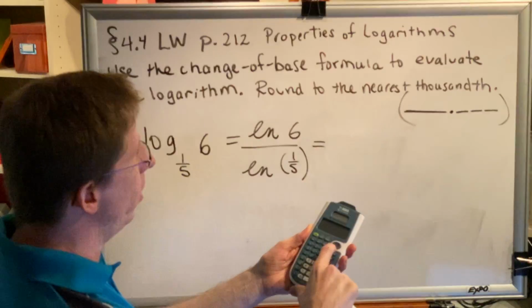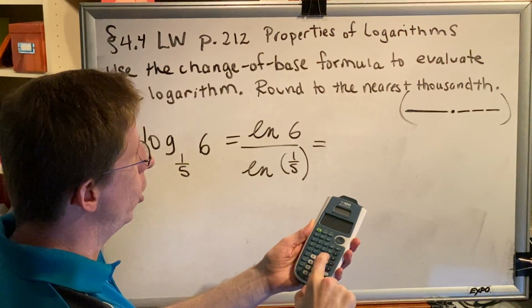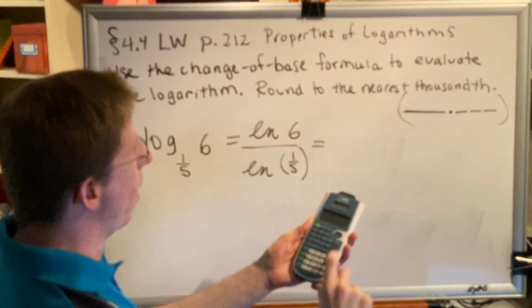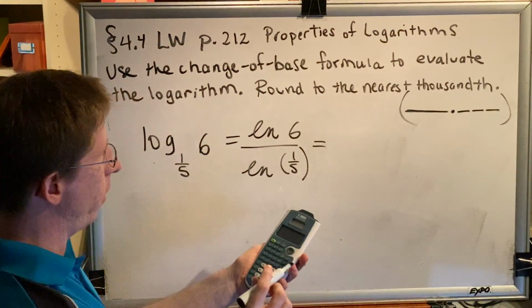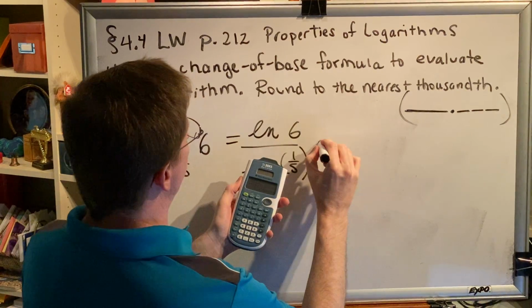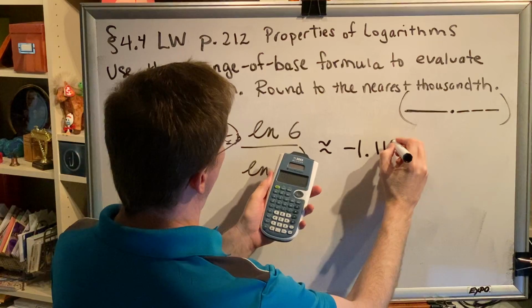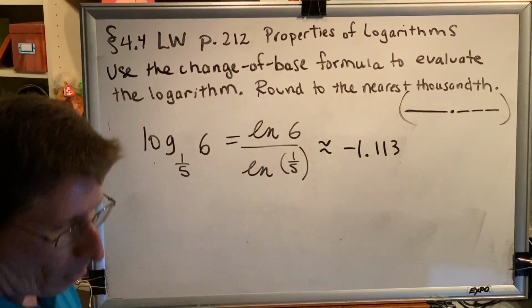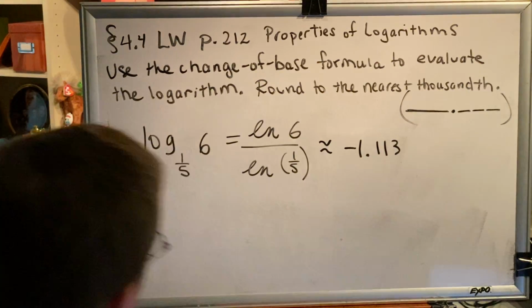Put 1 in the numerator, down arrow. 5 in the denominator, right arrow. Close the parentheses, right arrow, and enter. Round to the 1,000th. And so this is going to give us approximately negative 1.113.